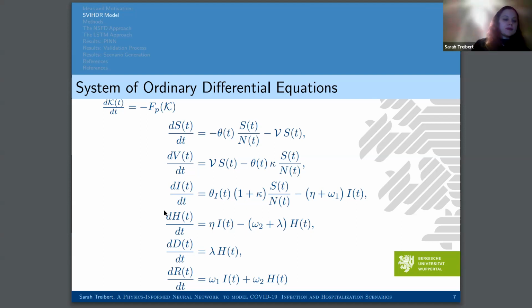In the upper left corner, we have got a kind of definition of this whole system where K of T is the compartment sizes at time T, and F of P is the equations, and P stands for the parameters of the model, and T is the time independent variable. So this is actually the model that we work with and that we put into our implementations.